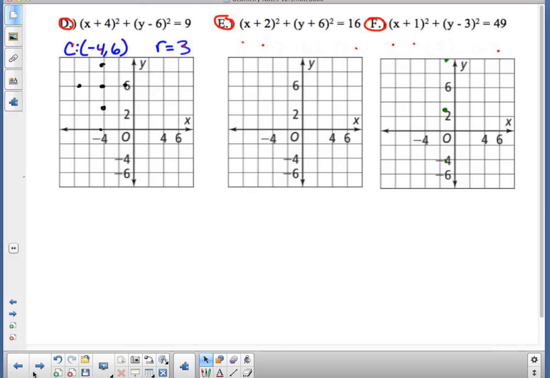It's a 3, really. Okay, are you okay with -4, 6? Good? I go to -4, goes up by 2, so be careful. Go up to 6. I go out north, south, east, west, and I draw my circle.